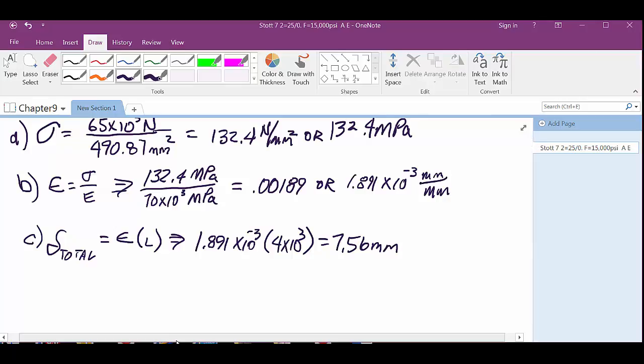So on that problem, it says it's subjected to an axial tensile load of 65 kilonewtons. If it's tension, it's going to grow; if it's compression, it's going to get smaller. That might be another step of the question: what's my final length? Then you would have to know whether it's compression or tension, and either add or subtract.